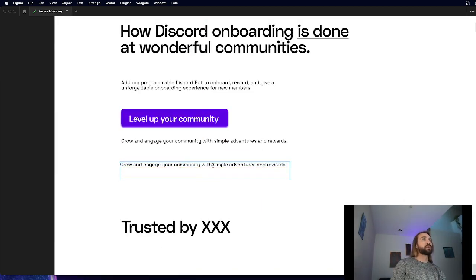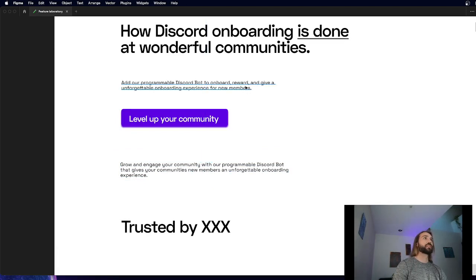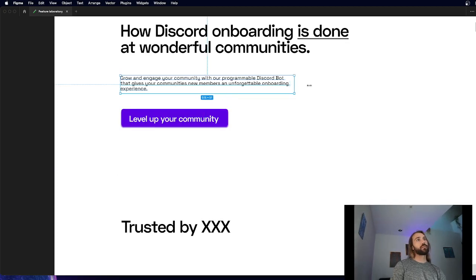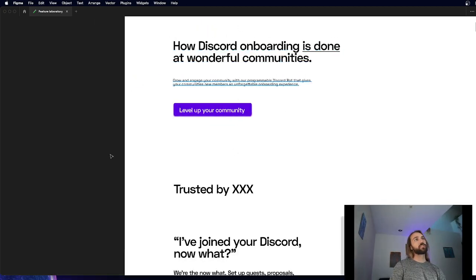Grow and engage your community with our programmable Discord bot that gives your community's new members... that's fine. This needs to be cleaned up. Probably trying to do too much, but we're starting to see a little bit of shape here.